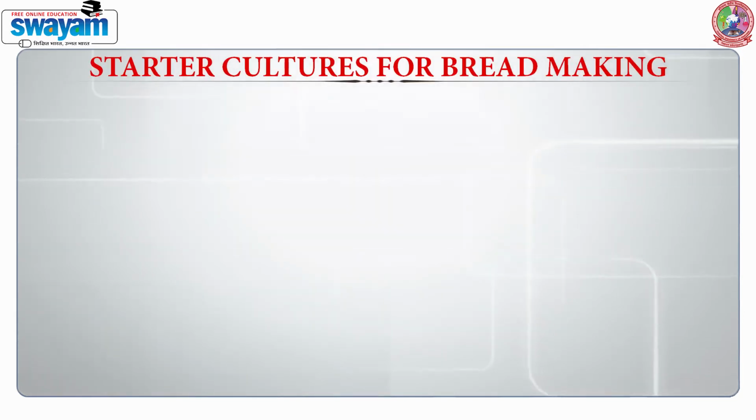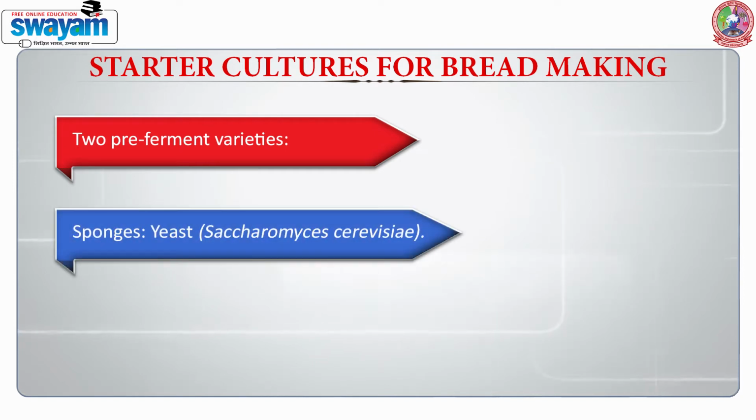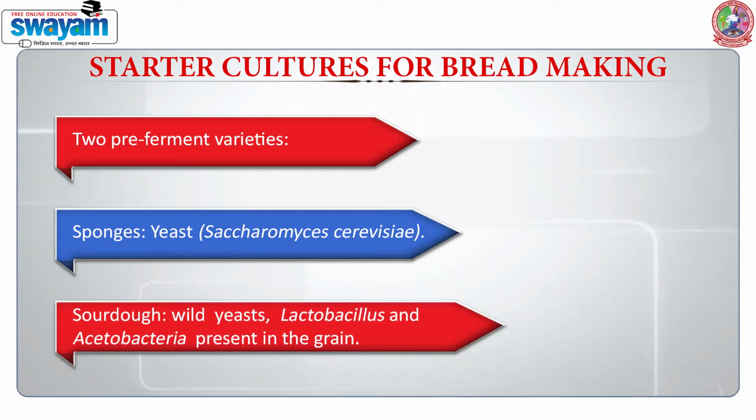Similarly, starter cultures are also used for bread making. There are two pre-ferment varieties: sponge, where the yeast Saccharomyces cerevisiae is used as a starter culture, and second, sourdough, where wild yeast, lactobacillus and acetobacteria present in the grain bring about the fermentation.